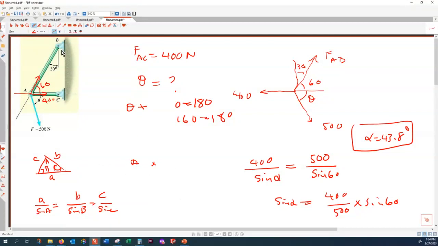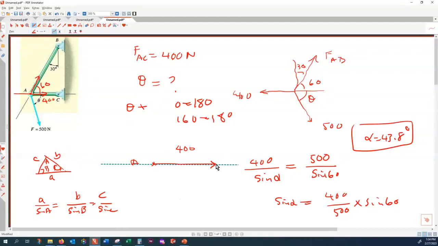I draw a horizontal line. And that one, I know the length. The length is 400. So I know the end of this vector. This is 400, right? So far, so good.